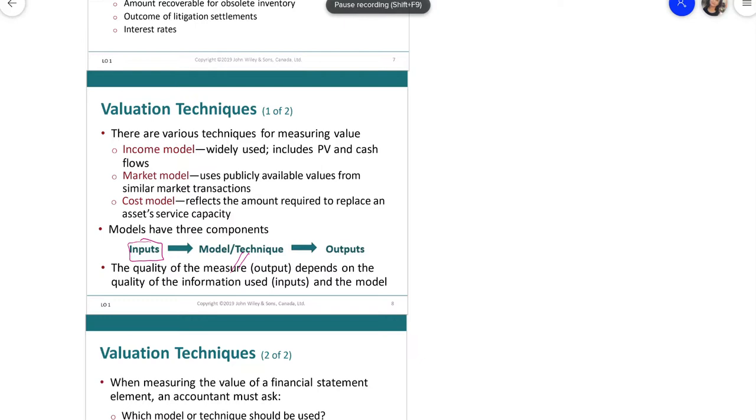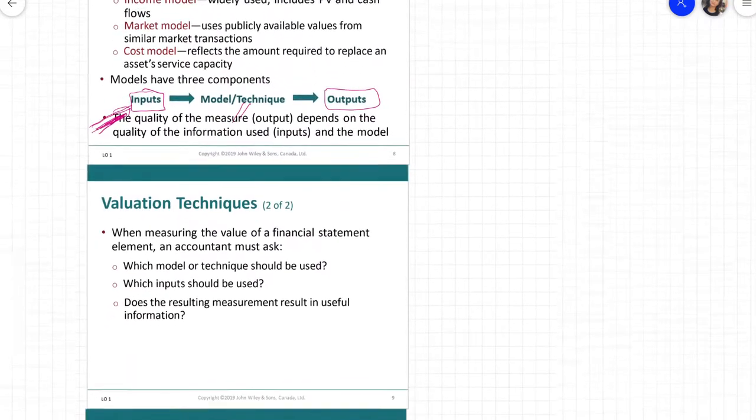You're using Wiley Plus, doing the homework, and your output will be your marks. Whatever you put in, that's what you're going to get out. If you put in a lot of time studying, of course you're going to get good grades. I'm not saying that some people aren't the other way around too, but the theory behind inputs and outputs is that the quality of the measure of an output depends on the information that we have available. So if you're not putting in any time, the output will not be so good.